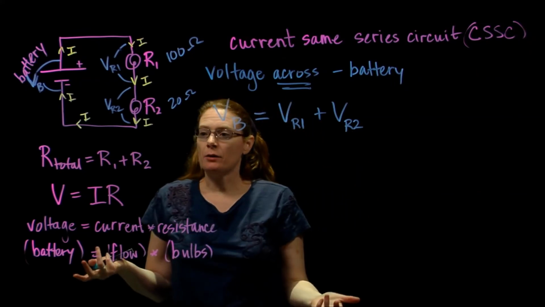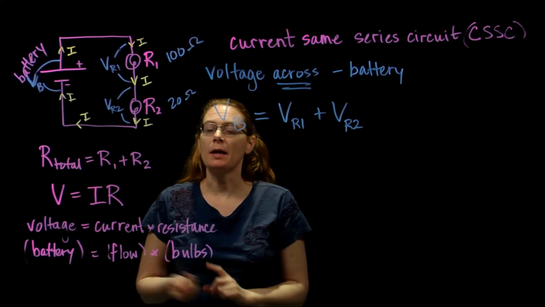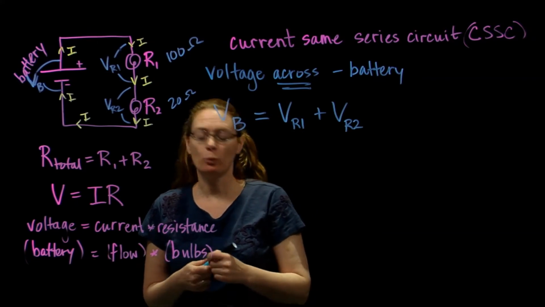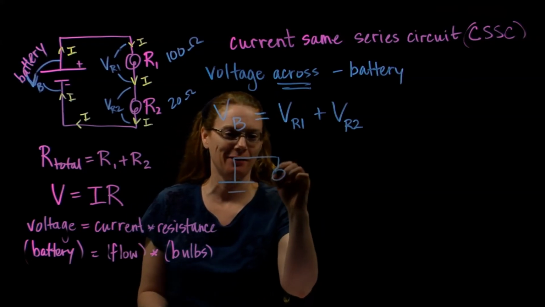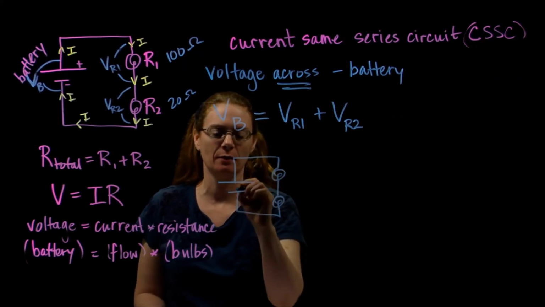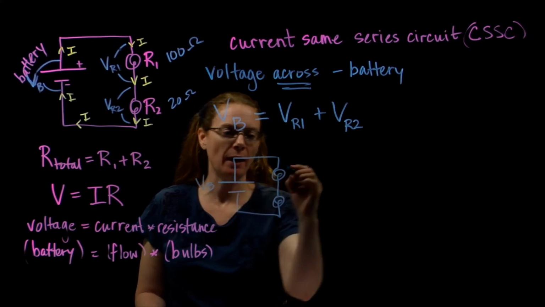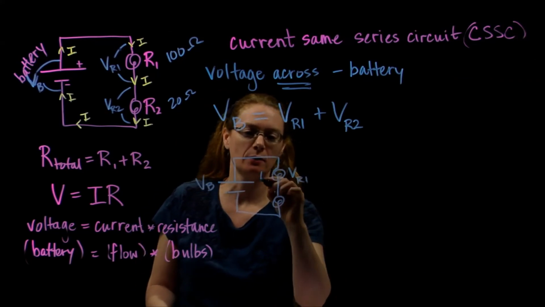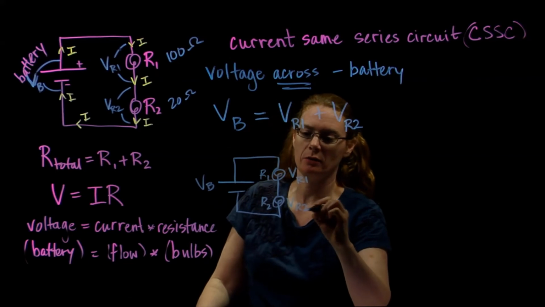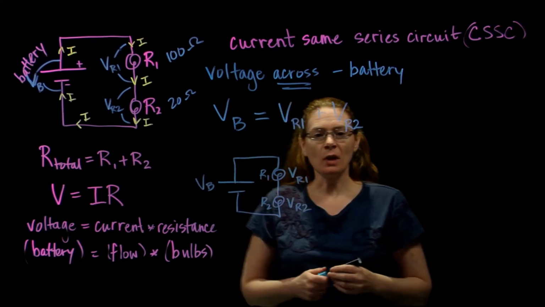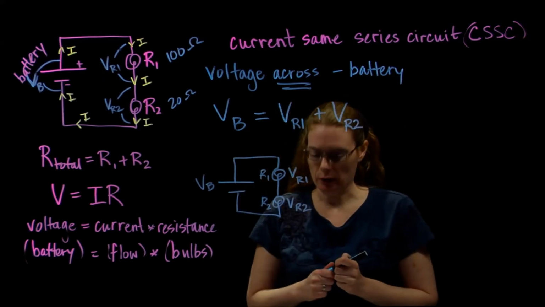So let's see how this would work. The type of questions I'm going to give you are, I'm going to give you just the basic series circuit, all right? I'll give you this picture. We're going to have the voltage across the battery, the voltage across R1. So this is resistor 1, resistor 2, voltage across resistor 2. And I'll give you some pieces of information.